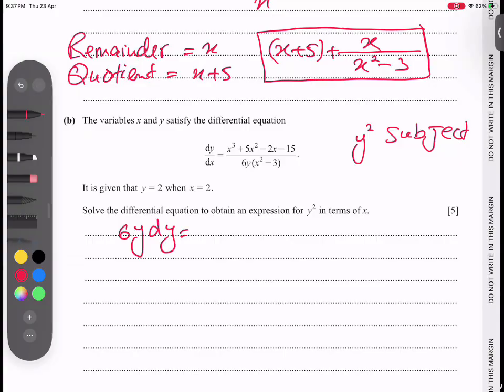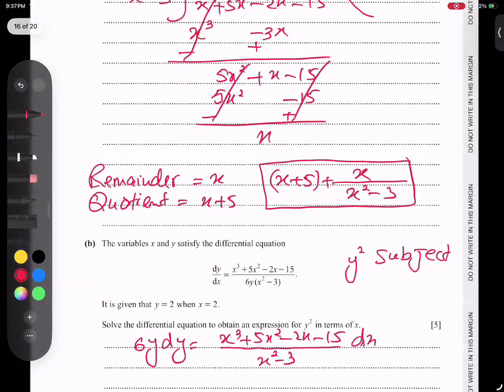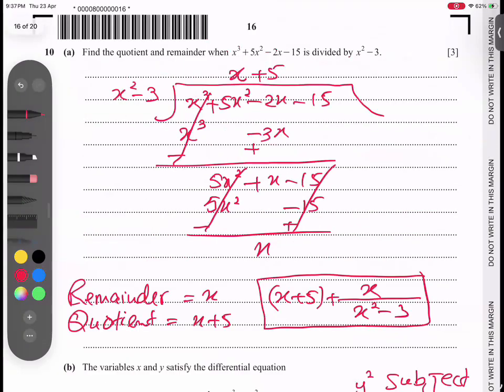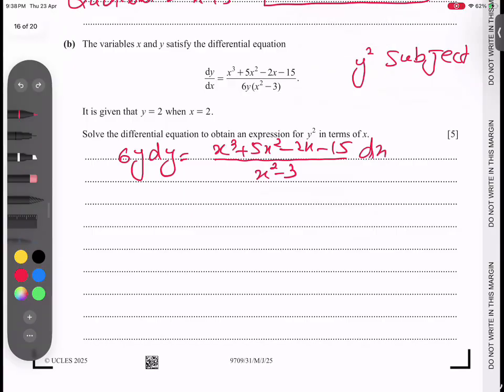The rest completely goes to the right hand side. And I got x squared minus 3 and dx. If you look carefully, this is the same thing we have done. We divide this with this. And now we can replace this completely with this whole part. So you see, I already planned this. So copy, and I'm pasting here.